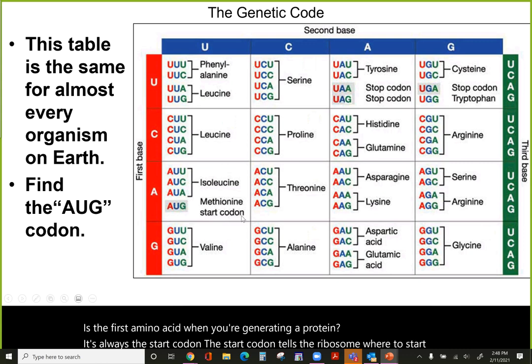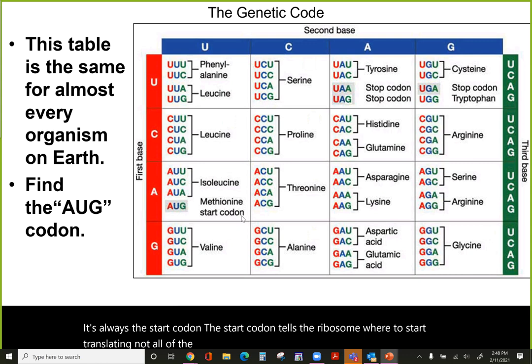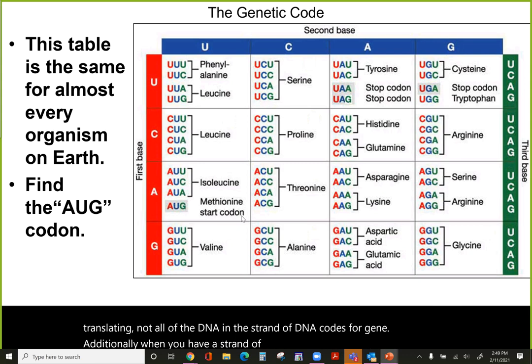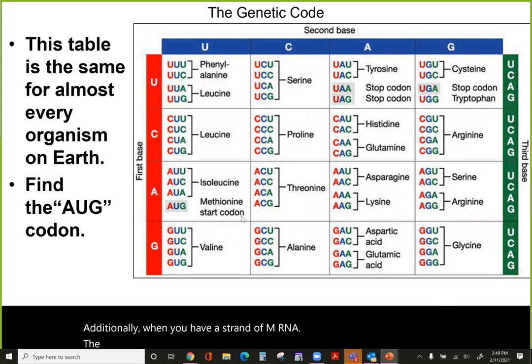Not all of the DNA in the strand of DNA codes for a gene. Additionally, when you have a strand of mRNA, the coding portion of the mRNA strand always starts with methionine.